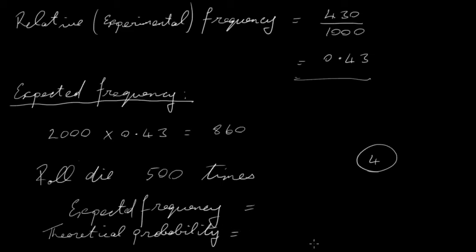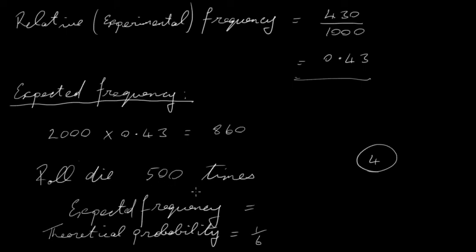Now the theoretical probability of getting a 4 is 1/6. Because there are 6 sides on our 6-sided die numbered 1 to 6, the probability that any particular number is going to crop up when we roll the die will be 1/6. So the probability of getting a 4 is 1/6.